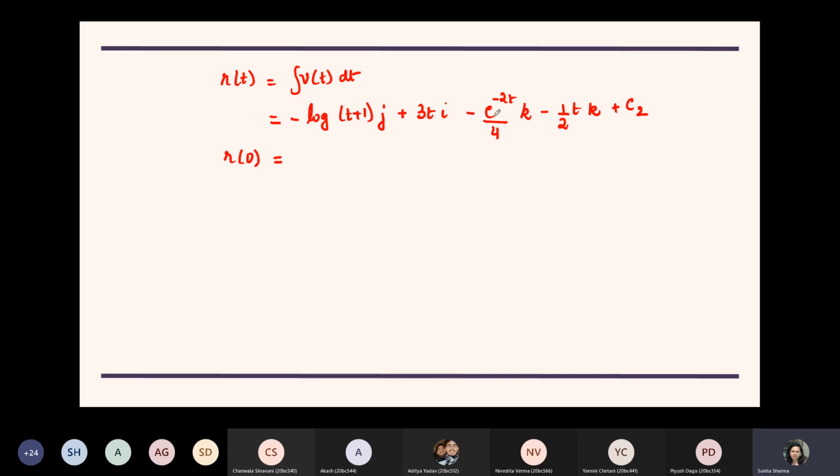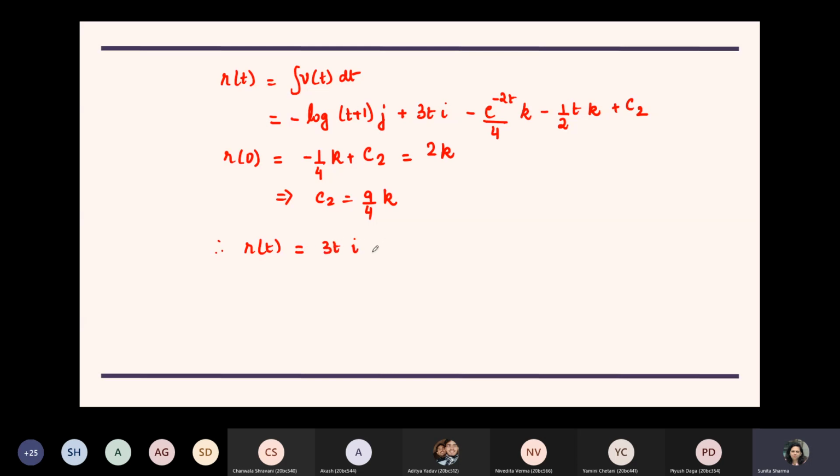When you put t as 0, you will get this as 1, so this is minus 1 by 4 k, and from the given condition this is equal to 2k. Is this fine? Yes, ma'am.